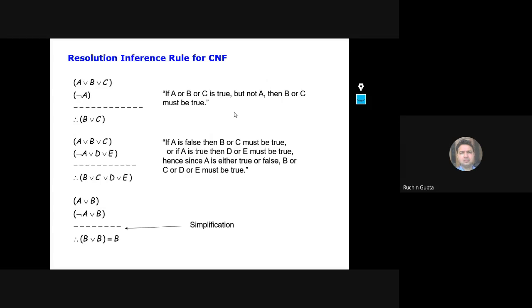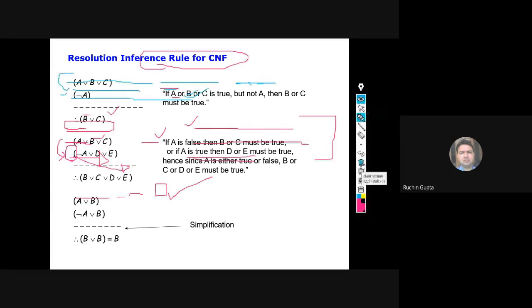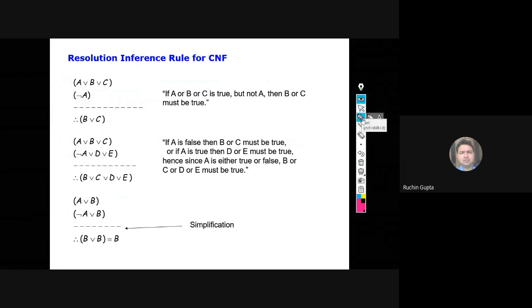So what is the resolution inference rule for CNF? In case of CNF, I have a number of clauses. So you see here that I have one clause and I have another clause.